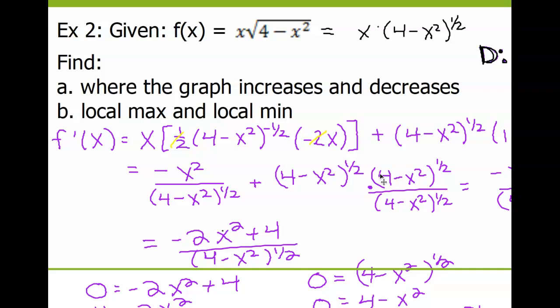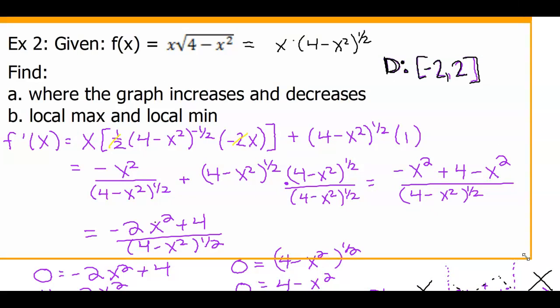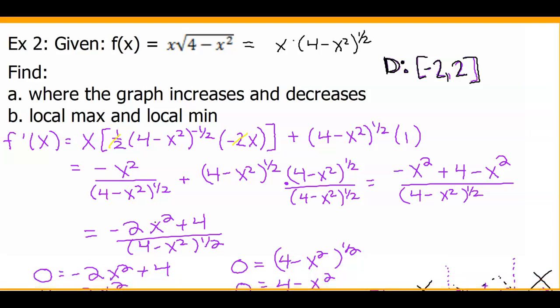So once you have your derivative, you have to find your critical points. The critical points of a function that looks like this are affected by both the numerator and the denominator. So the numerator is going to give you the derivative points that are 0.